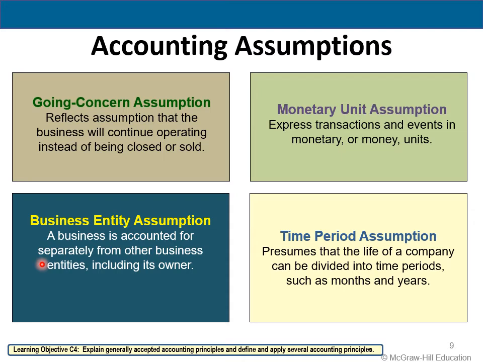Business entity assumption assumes that the business is separate from its owners and its accounting records are separate. So if the owner of a business pays rent, that should be from a personal account as opposed to a business account. We shouldn't see personal transactions in the records of businesses.